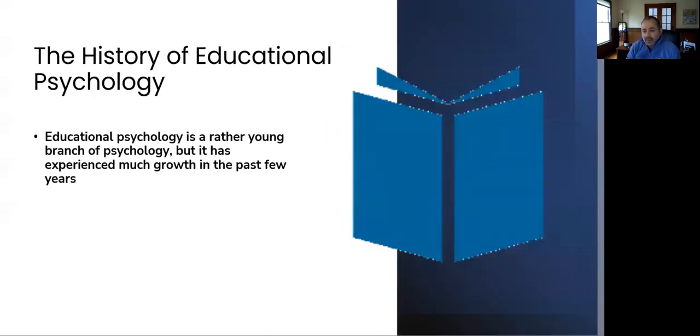So, the history of educational psychology. Educational psychology is rather a young branch of psychology, but it has experienced much growth in the past few years. Psychology itself did not emerge as a science until the later part of the 1800s. Previously to this, educational philosophers mostly were the primary source of information.